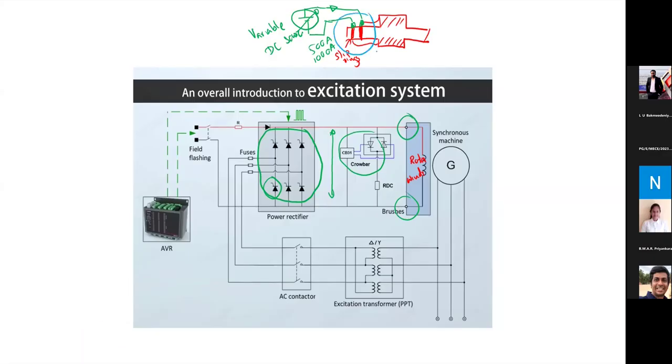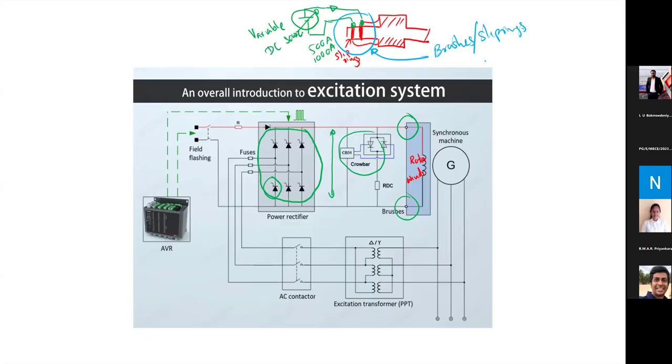Because of this arrangement, we need to frequently do maintenance on the brushes and the slip rings. Replace brushes. We have to look at the generator enclosure for carbon dust due to damage to the brushes. So that needs to be properly looked after.